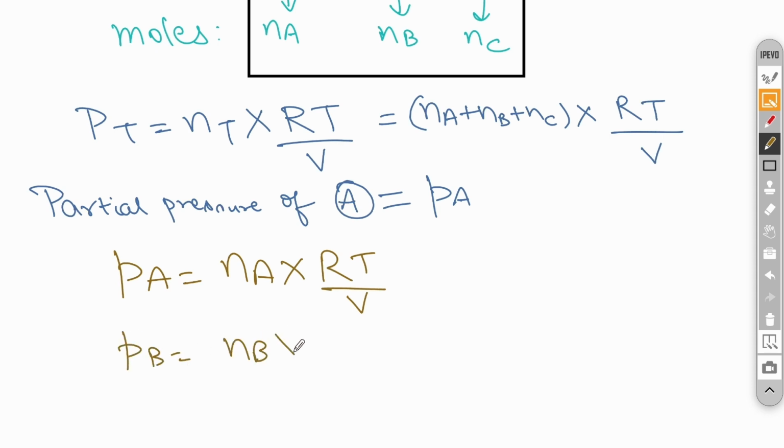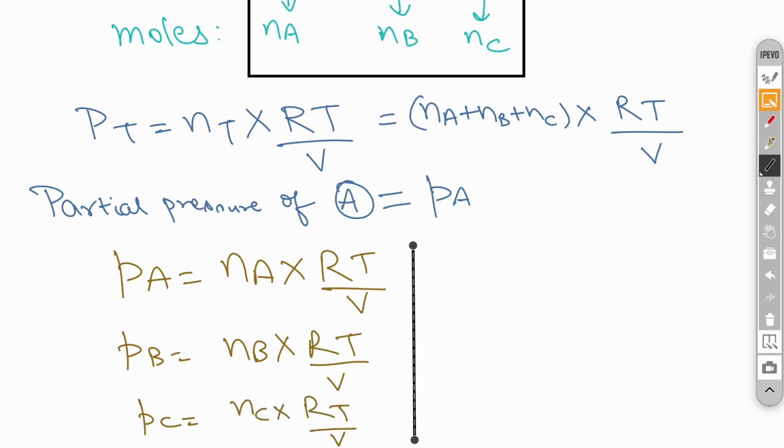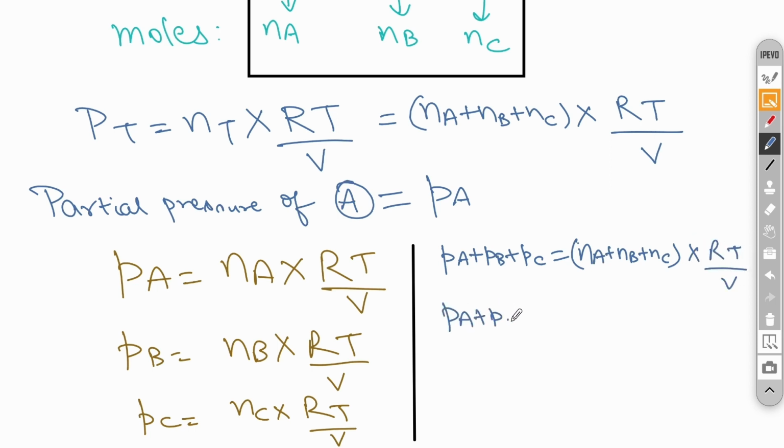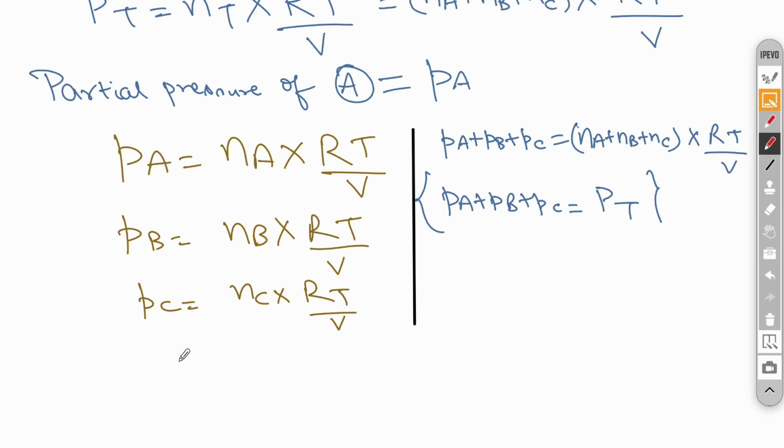So Pb is equal to Nb multiplied by RT by V. Similarly, Pc is equal to Nc multiplied by RT by V. Now if we do the summation of all these three partial pressures, Pa plus Pb plus Pc, it will be equivalent to Na plus Nb plus Nc multiplied by RT over V. On further solving, Pa plus Pb plus Pc is equal to Pt, simply because Na plus Nb plus Nc multiplied by RT by V is Pt.